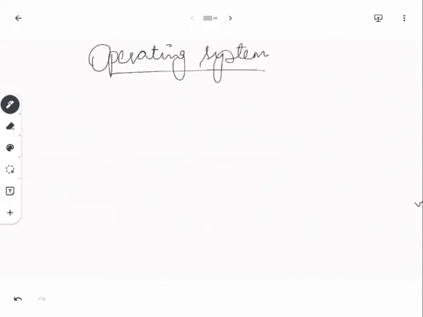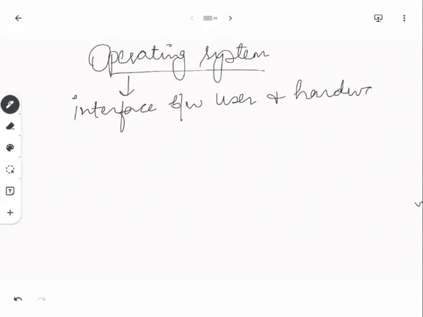Let us now see what is an operating system. So this operating system is providing the interface between the user and the hardware of your computer system.